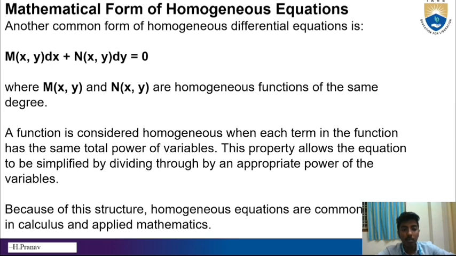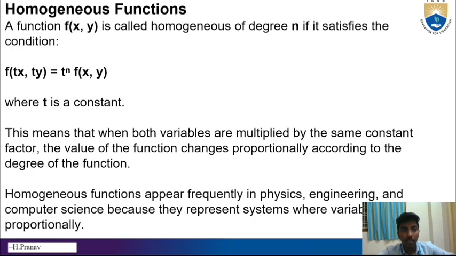A function is considered homogeneous when each term in the function has the same total power of variables. This property allows the equation to be simplified by dividing through by an appropriate power of the variables. Because of this structure, homogeneous equations are commonly studied in calculus and applied mathematics.